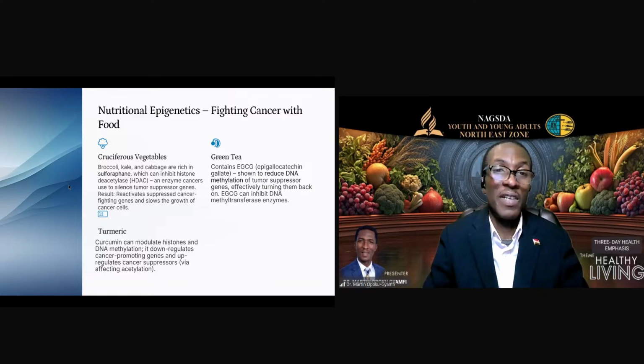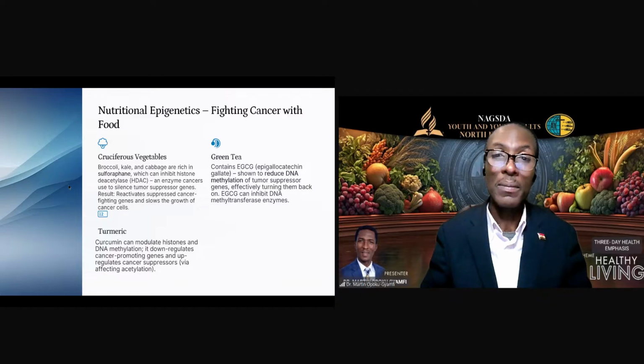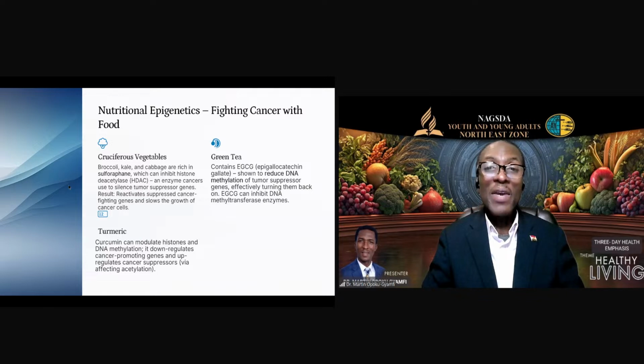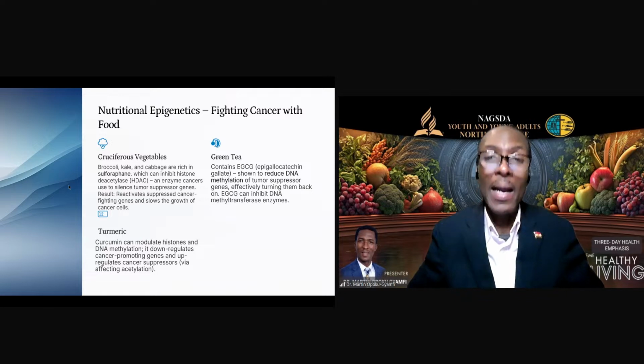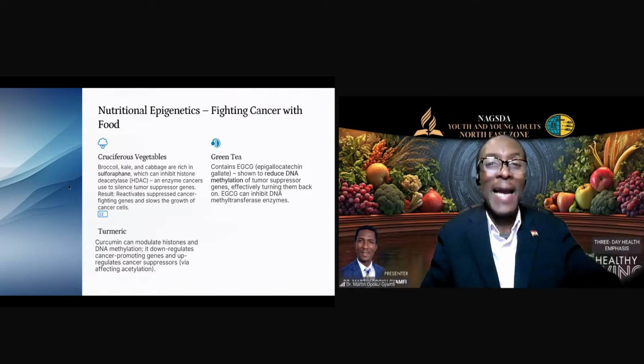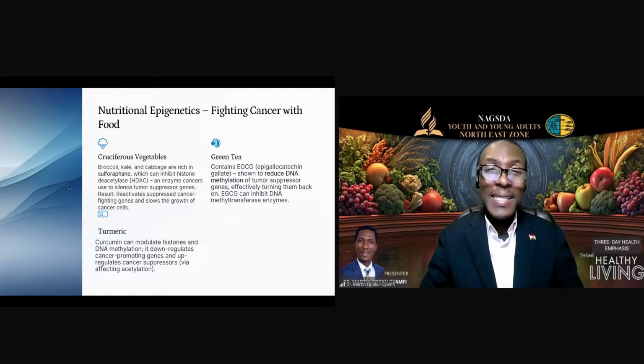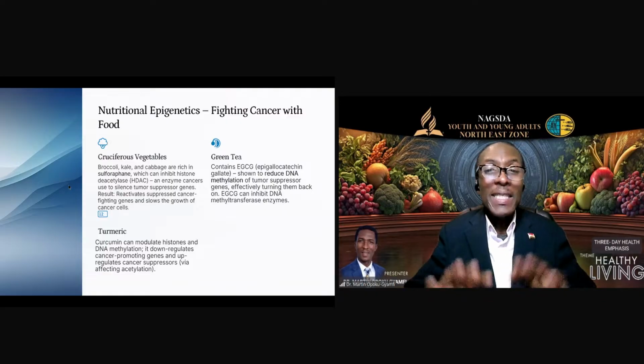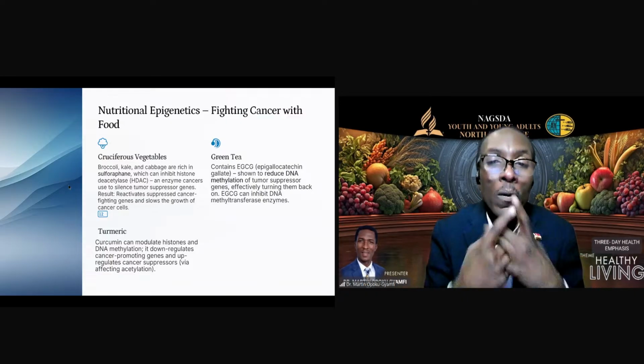That is cruciferous vegetables. Green tea. There's a compound in green tea called EGCG, epigallocatechin gallate. And this has been shown to reduce the DNA methylation of tumor suppressor genes. So it turns them back on.